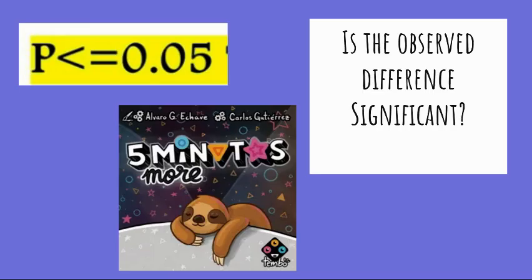If our p-value is less than or equal to 0.05, what that says is that there is a 5% or lower chance that these results happened on accident or by coincidence. So you won't ever have to calculate that, but you want to understand that this p-value lets us know, is this data statistically significant?